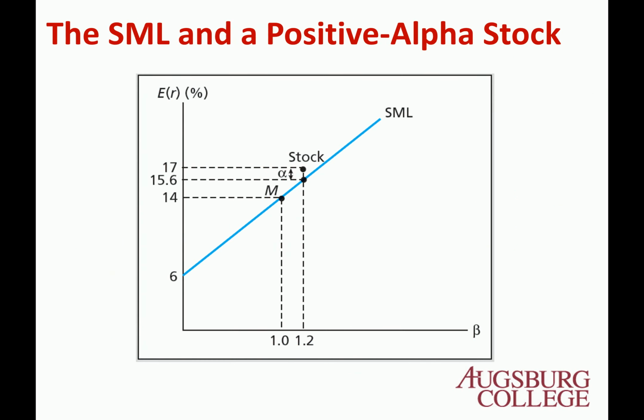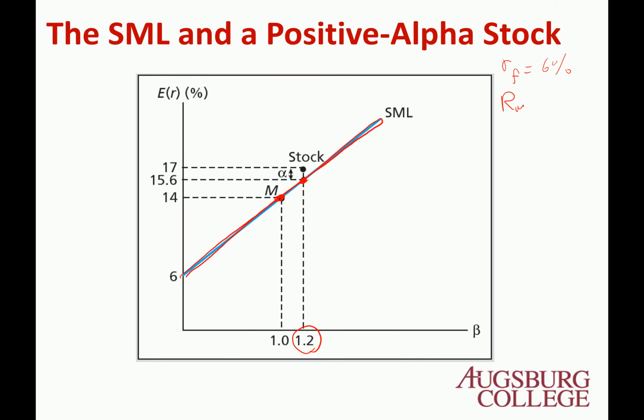So graphically, see, this is SML, right? This is SML, and this is the market one. Now this is the one that you have to have if the beta is 1.2. In this case, the risk-free rate is 6%.